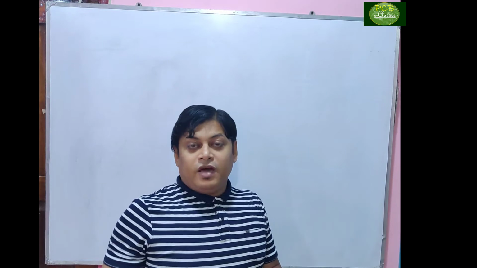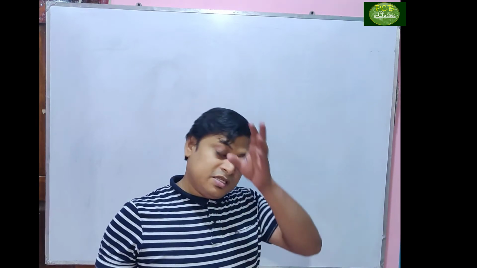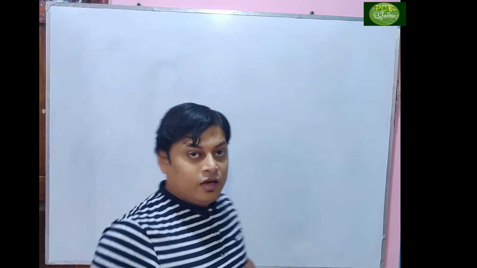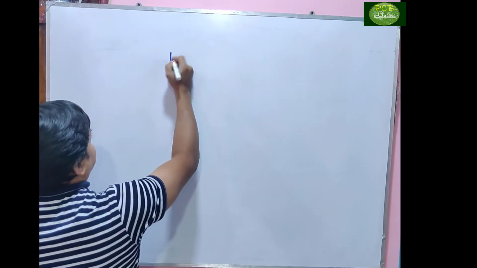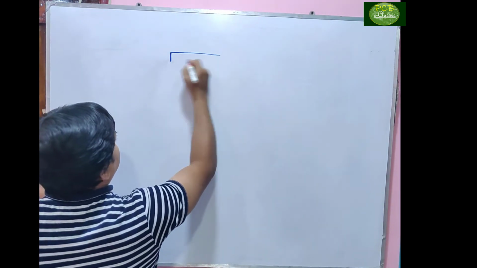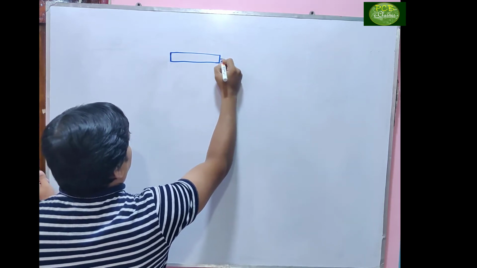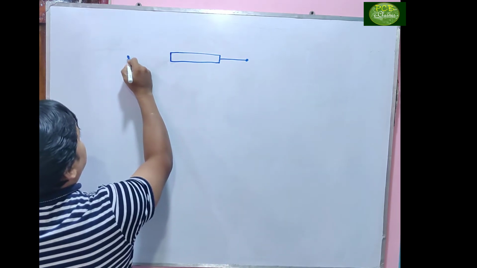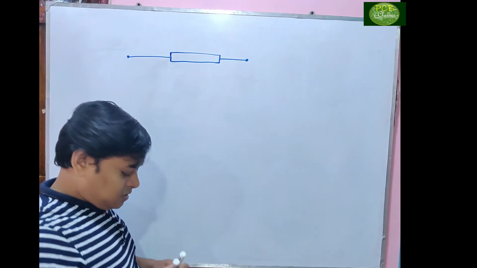Before moving to the type of elements, we should know the proper representations of the current and the voltage drops. Right? So, suppose I am taking an element. I don't know what type of element it is. Element means this will be having two terminals.